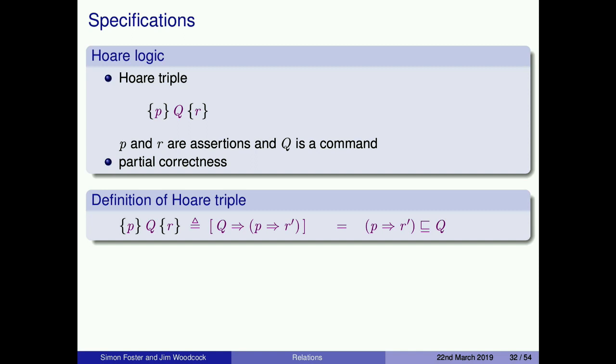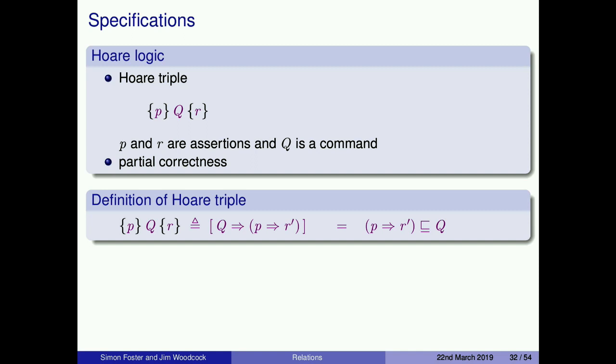I have to put this prime here because R is talking about unprimed variables, and so I need to modify it so that R is now talking about after variables. In other words, if P held on the initial values for my variables, then R will hold on the final value of my variables. So that's our specification. And then we say that Q refines that specification, right?